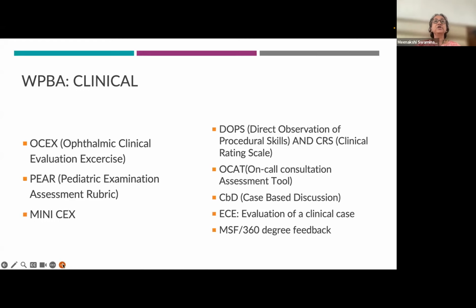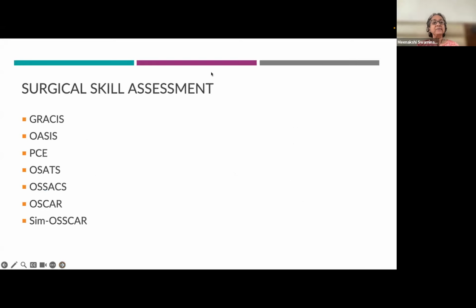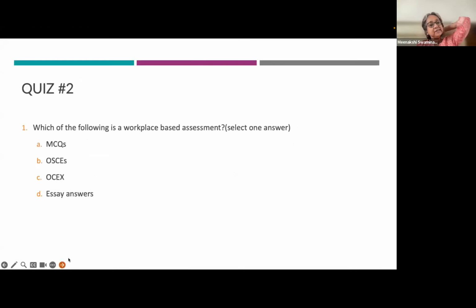These are all to assess clinical competence of your resident in the workplace. For surgical skill assessment, we have several: GRASS, OASIS, OSATS, and OSCAR, and Eduardo will be covering many of these.